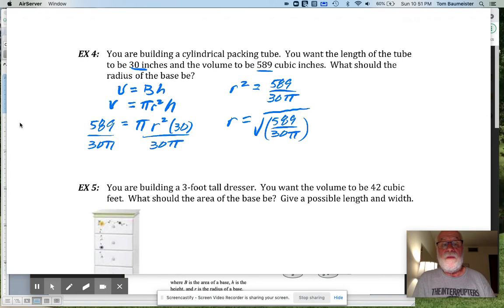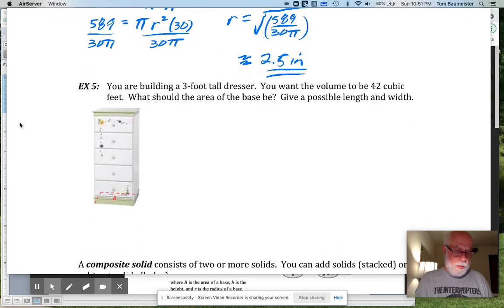Again, it depends. Sometimes it makes more sense to put it in parentheses there for you. And if you plug that into your calculator exactly the way I have it, it will tell you that your radius is 2.5. And remember, that's going to be in inches here. And since r is linear, we're just going to say it's inches.